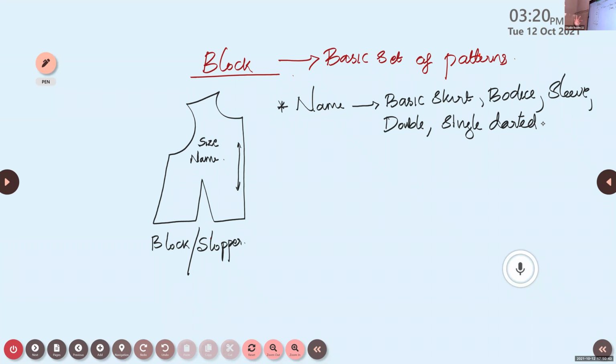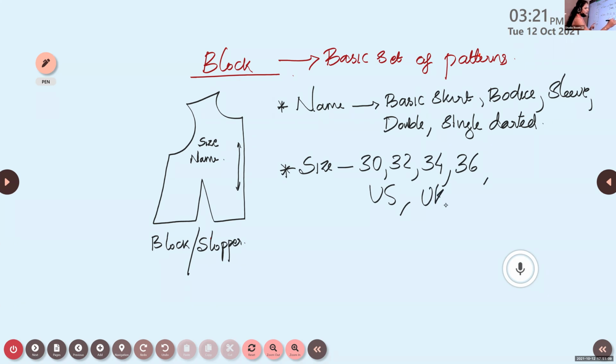The name will be there on a block. The second information which will be there is size, whether it is 30, 32, 34, 36, whether it is US or UK measurement. So information regarding the size will be there on a block.